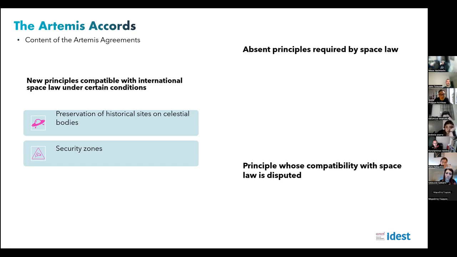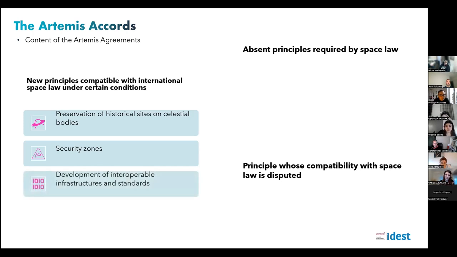Another question is that security zones cannot be permanent. If they are permanent, they represent a sort of appropriation of the moon by occupation. So they also have to be limited in time.